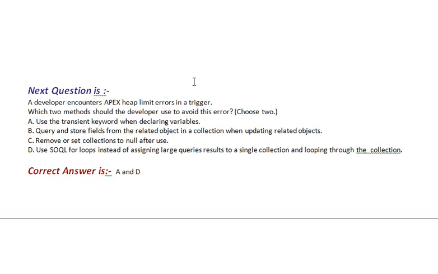Option C, remove or set collections to null after use. Option D, use SOQL for loops instead of assigning large query results to a single collection and looping through the collection. The correct answer is options A and D.